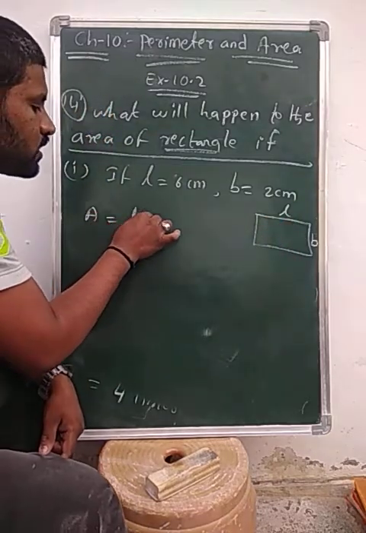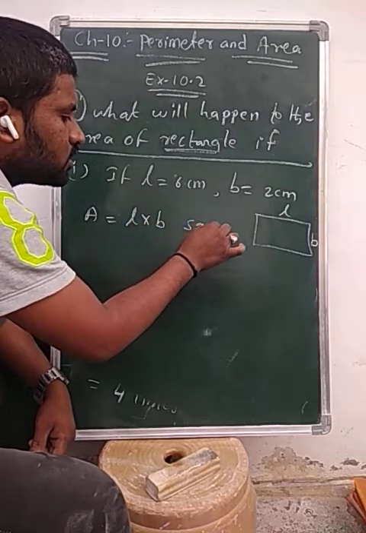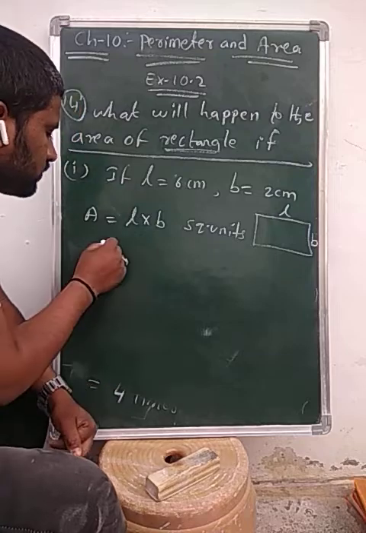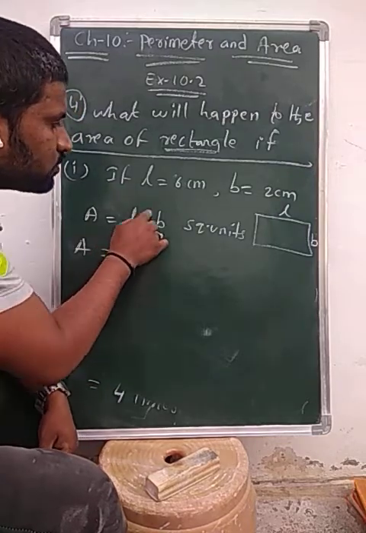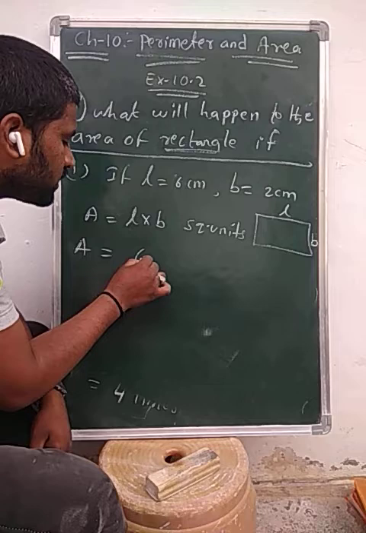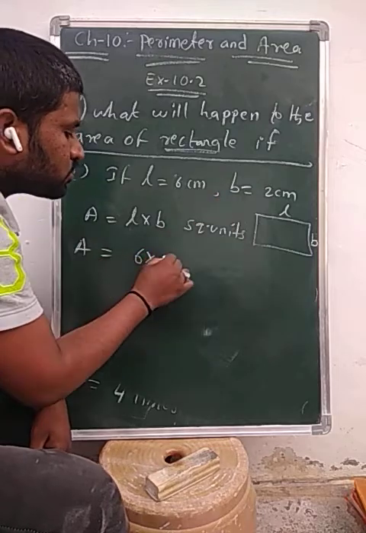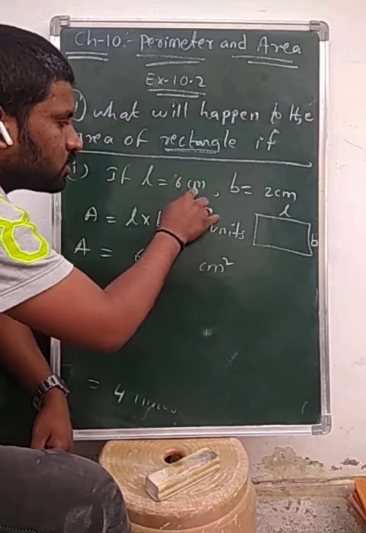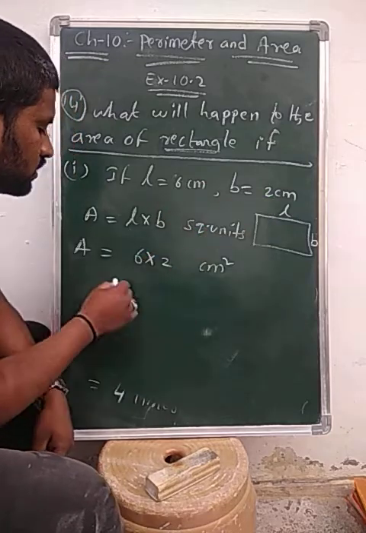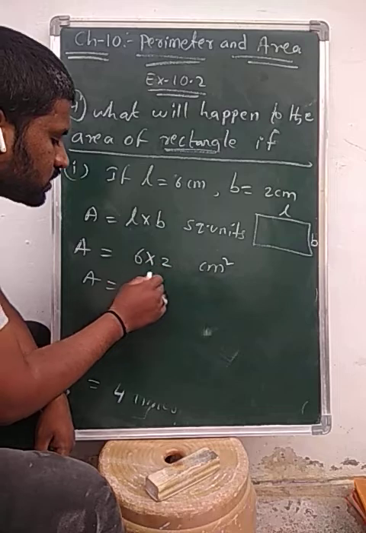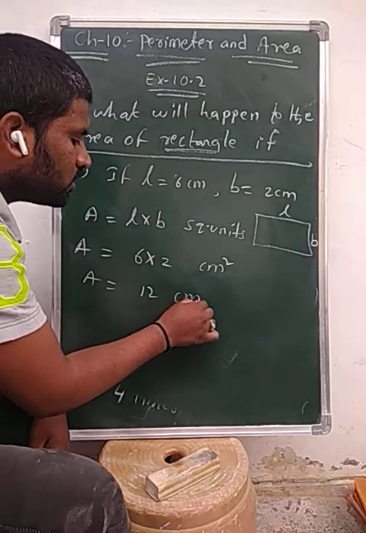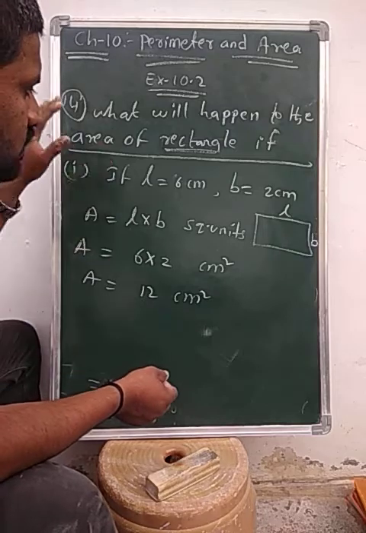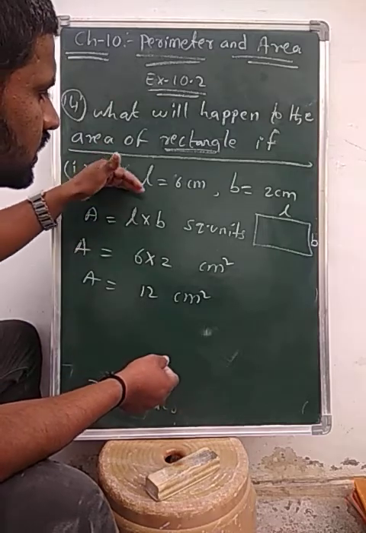Area is equal to length into breadth, in square units. Length is 6 centimeters and breadth is 2 centimeters. Units are centimeters, so square centimeters. Area is equal to 6 2s are 12 square centimeters. Is it clear? This is directly the given length and breadth.